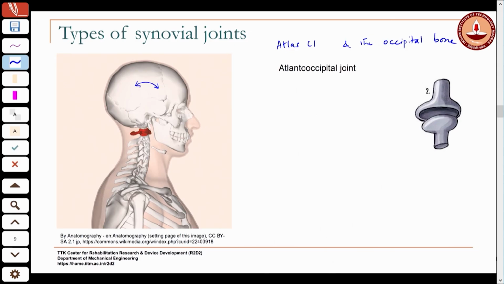That is the nodding motion of your head, and because it is a condyloid joint, it also allows some rotation in another direction. So, again it is a 2 degree of freedom joint, and then this is your axis with that projection, and the whole thing will rotate about that to cause your head rotation in the transverse plane. So, this is the atlanto-occipital joint, and it is a condyloid or ellipsoid joint.